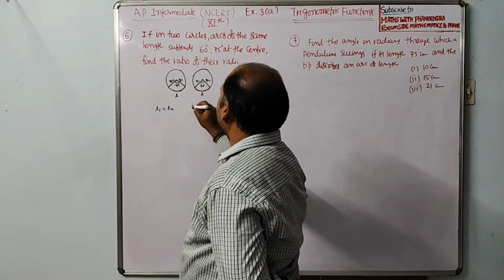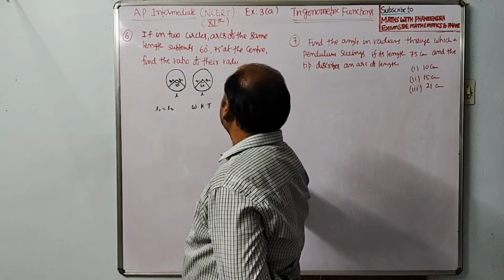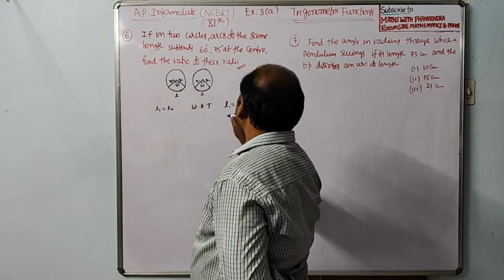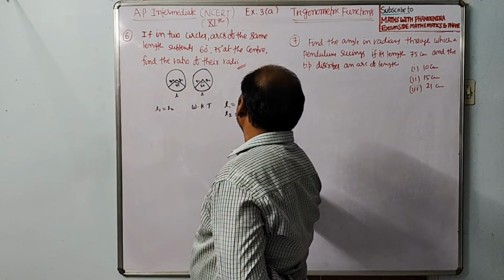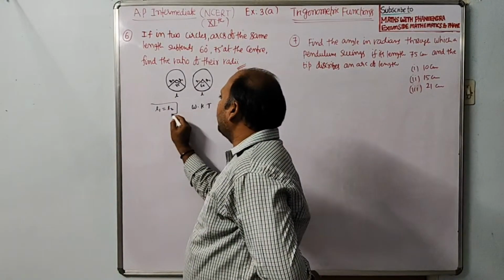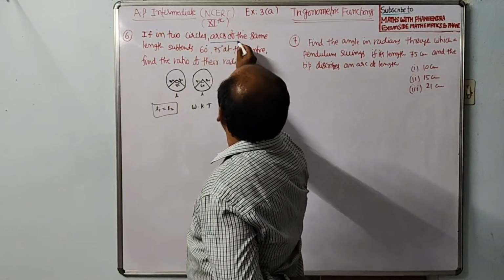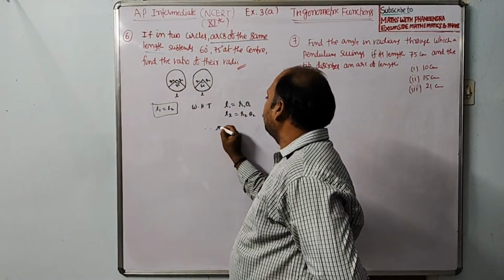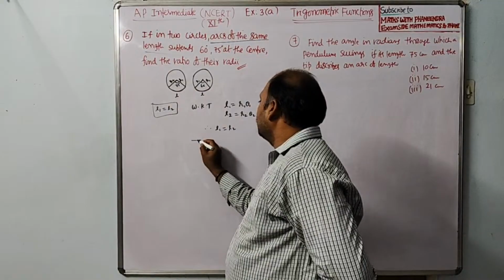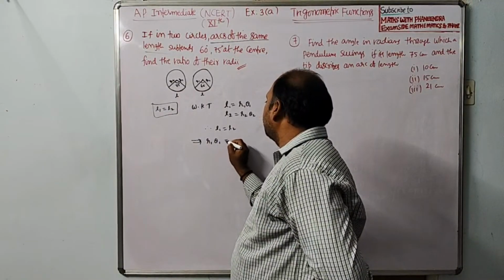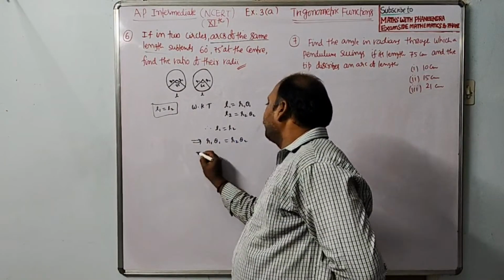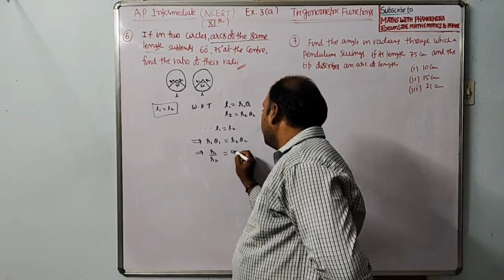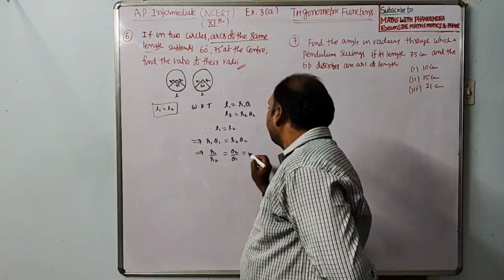Whenever length is constant, we know that L is equal to R theta. So L1 equals R1 theta 1, L2 equals R2 theta 2. Since L1 equal to L2, because arcs of the same length, that implies R1 theta 1 equal to R2 theta 2. That implies ratio R1 by R2 equals theta 2 divided by theta 1.